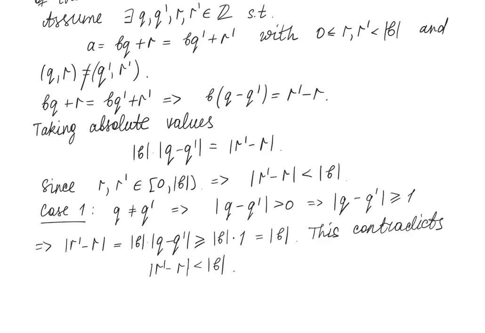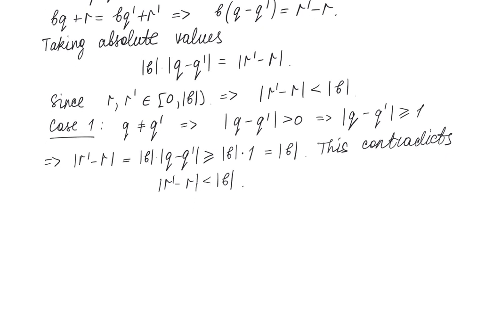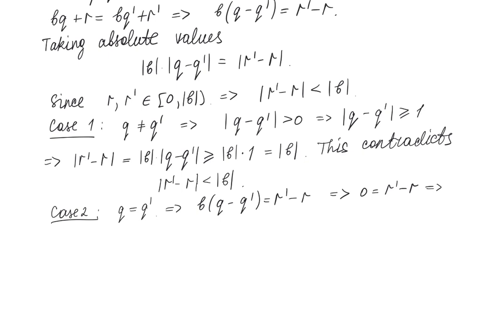Okay, so we know that q and q prime cannot be distinct. And case 2, suppose they're equal. If they're equal, then from b times q minus q prime equals r prime minus r, since they're equal, I know 0 equals this, and it implies r prime equals r. So what does it mean?